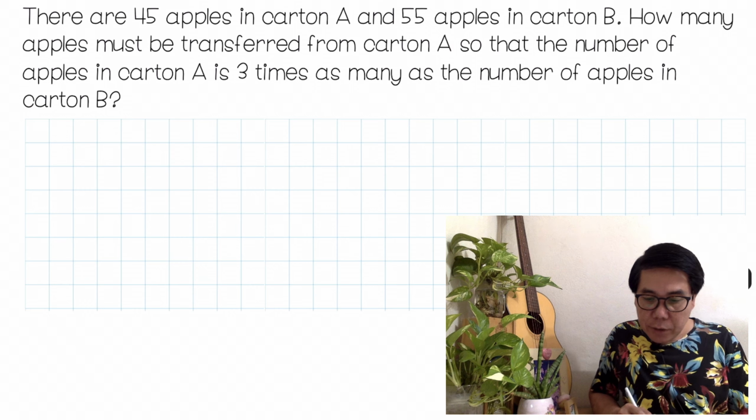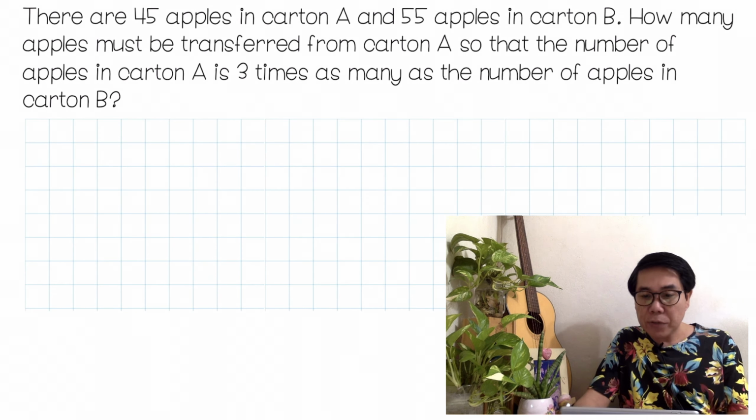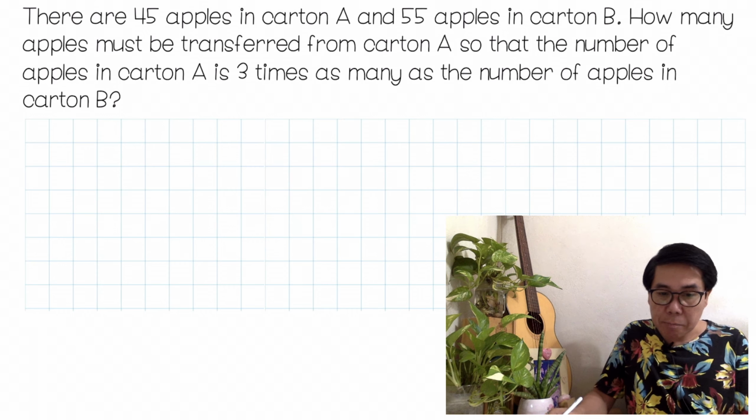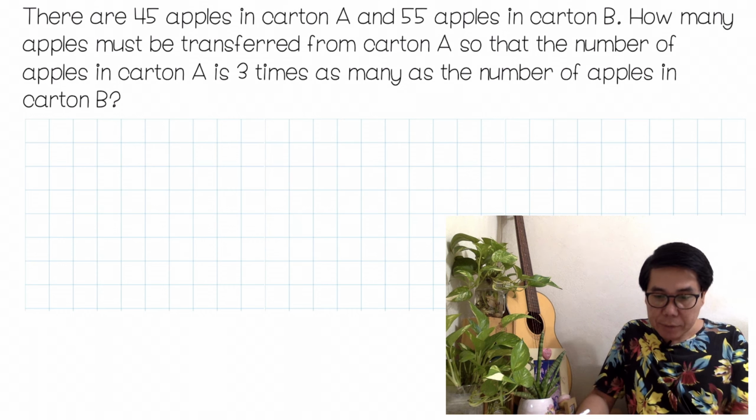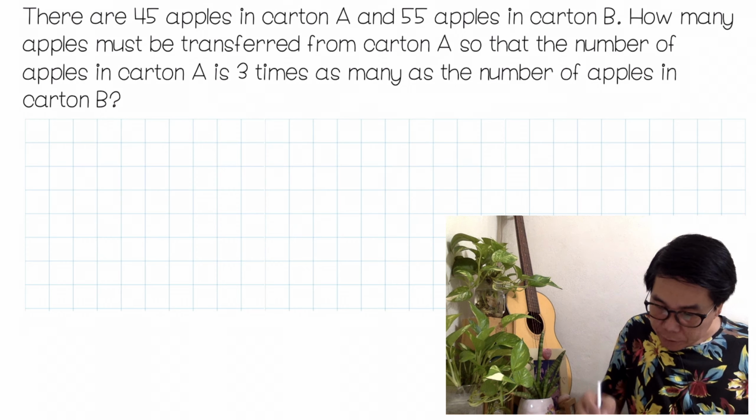Okay, there are 45 apples in carton A and 55 apples in carton B. How many apples must be transferred from carton A so that the number of apples in carton A is 3 times as many as the number of apples in carton B? Okay, so let's analyze the problem.